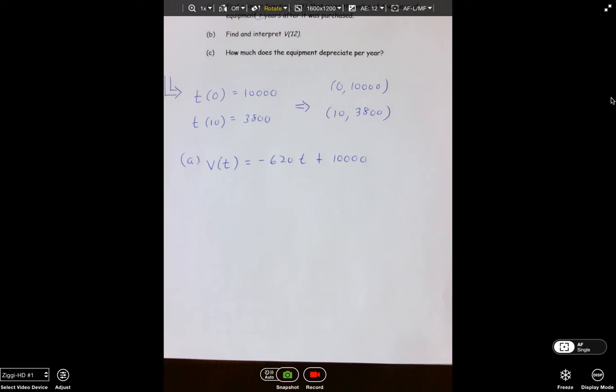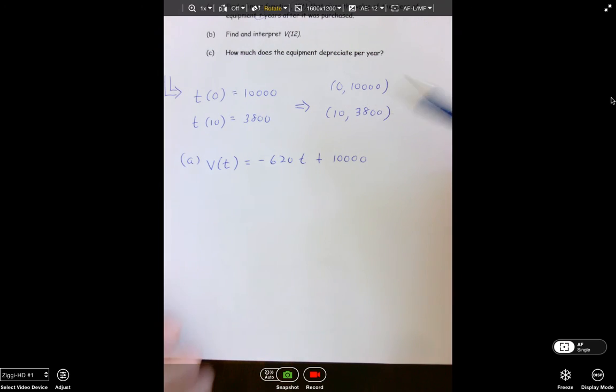Now you should have known that this value was going to be 10,000 because by definition this is the value when t is equal to 0, and we just happen to have an ordered pair that provided that to us. So that part was pretty clear.